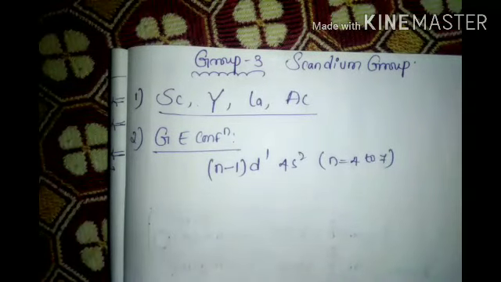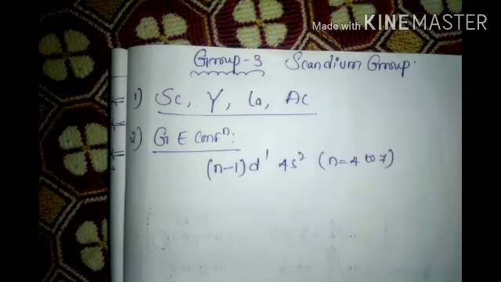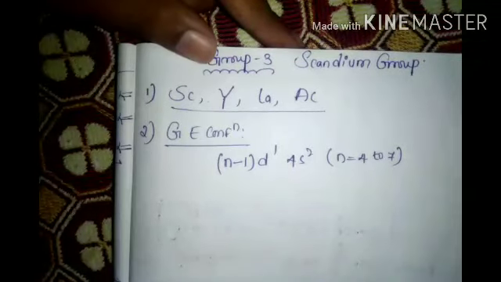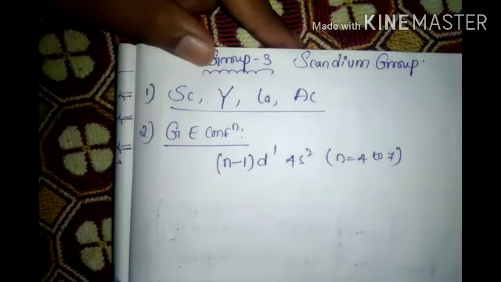For the first 3d series, 4 will come: 3d1 4s2 for Scandium. Next, Yttrium 4d1 5s2. Like this it will come. If the number increases, this number will increase. Okay, this is the general electronic configuration of the Scandium group.